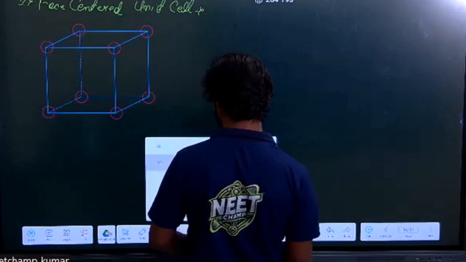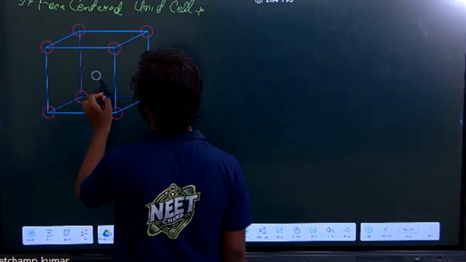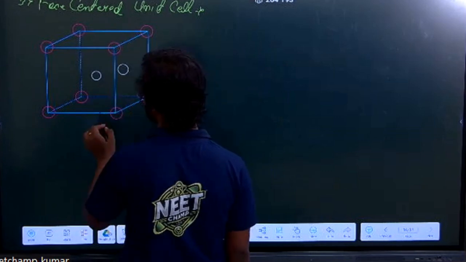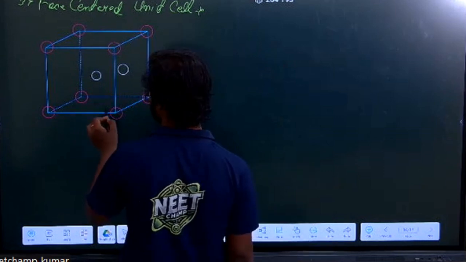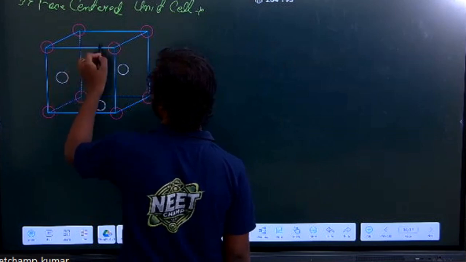There will be some other atoms also. What are those other atoms? There will be one atom not at the center, but at all the faces we have one atom. One atom at all the faces.